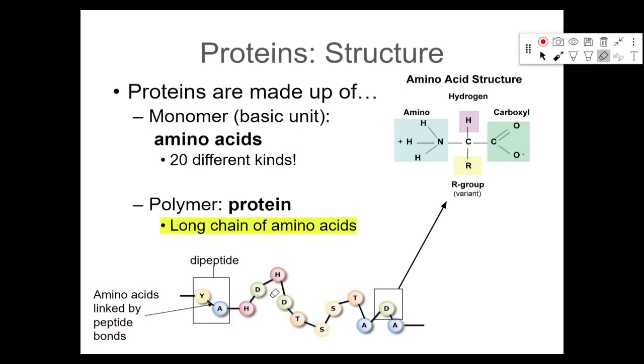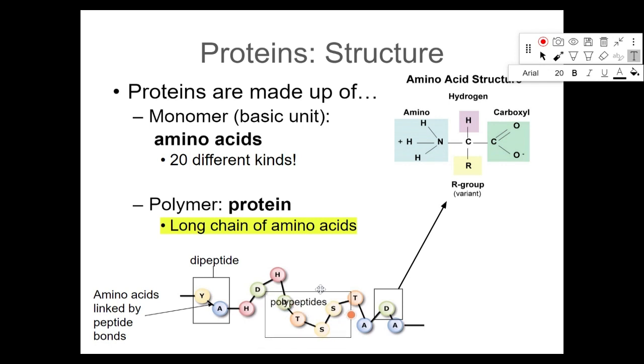Remember, y'all, a bond is just a connection, right? If you have a bond with someone, you have a connection with someone. Same thing with these. This Y amino acid is bonded to this A amino acid. This A amino acid is bonded to this H amino acid, and so on, right? So amino acids are linked together by peptide bonds. And once you get a long group of peptide bonds, you can also call these polypeptides.